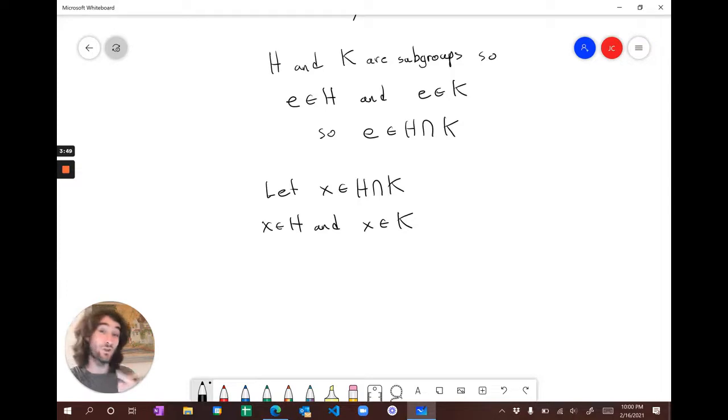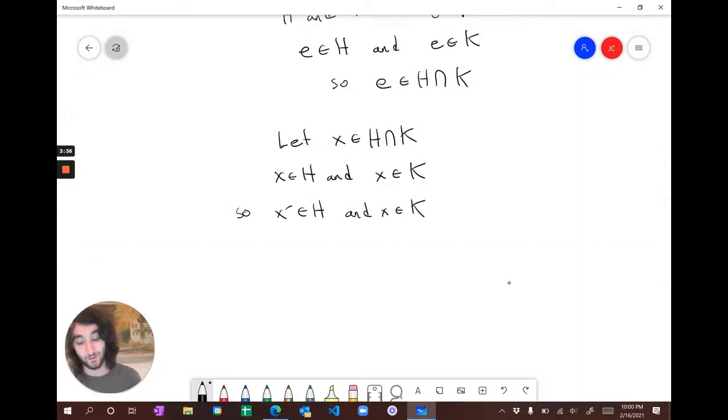And then since those are subgroups, the inverse of X is in both of those, right? So this whole thing depends on H and K being subgroups and having all of these properties already. And so since X prime is in both of those, that's exactly what it means for X prime to be in the intersection.